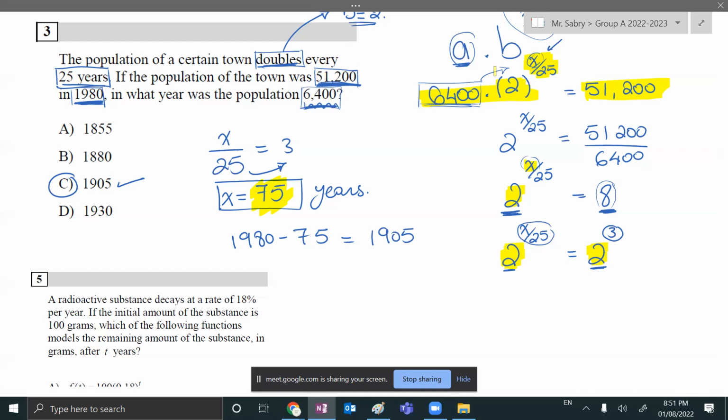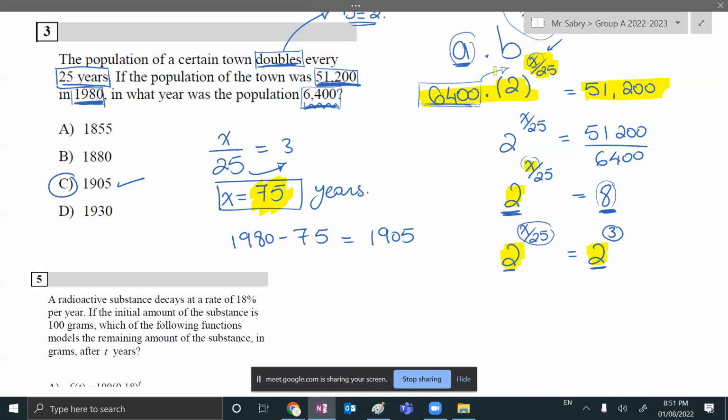It's multiplied by 2. Yes, we can make it half. That's another way. Yes, it works definitely. It's just a different way of looking at it. But remember, in that case, you'll have to change everything. You'll change the b to become half, and change the initial value to 51,200, and make the result 6,400. So you mainly did the same thing, but with an extra step. Right?